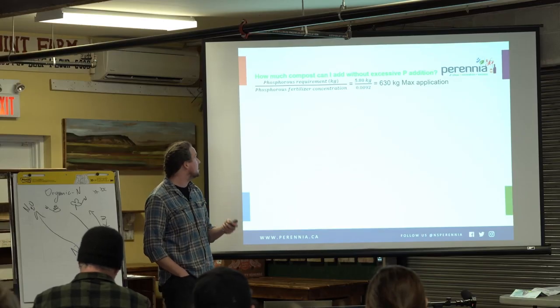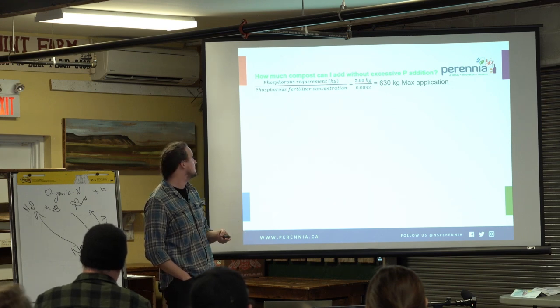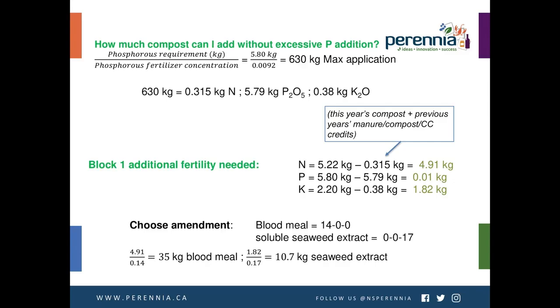Okay, so how much compost can I add without excessive phosphorus addition? I need 5.8 kilograms of phosphorus for this block. My fertilizer concentration is 0.092% phosphorus, which means I can apply a maximum of 630 kilograms to not over-apply phosphorus.